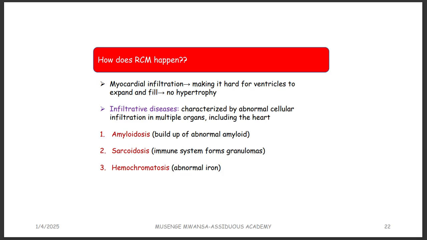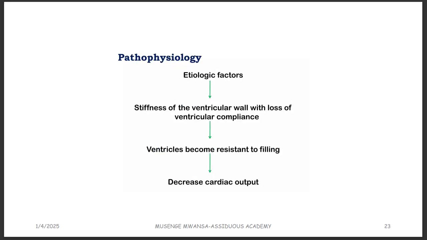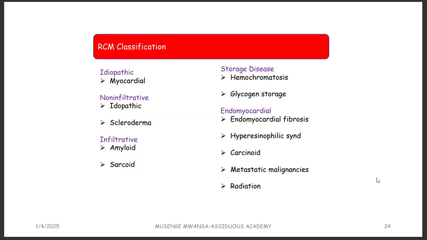So these can all infiltrate the heart, and that will cause the heart to not be able to relax. The pathophysiology is some etiological factor that will lead to stiffness of the ventricle. There is reduced compliance, so the ventricles become resistant to filling, and there's reduced cardiac output.